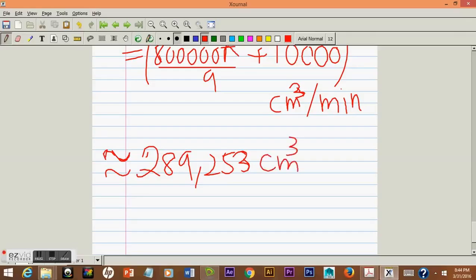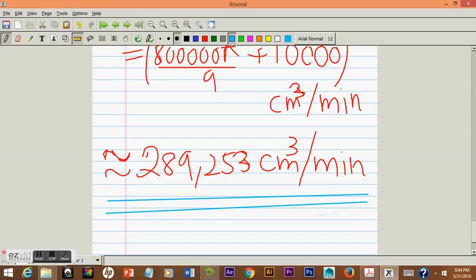That means 289,253 centimeter cube per minute. This is your final answer which you might get. This is the final answer for this question number 2 in the assessment.